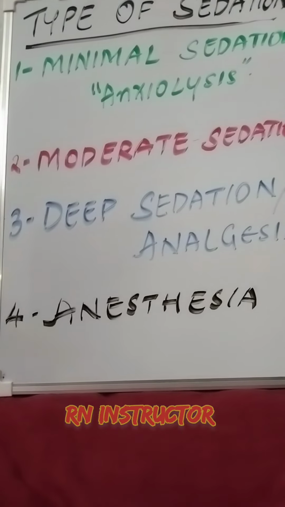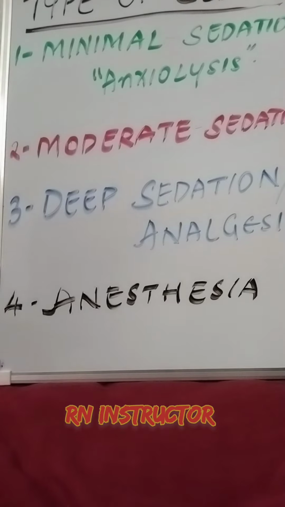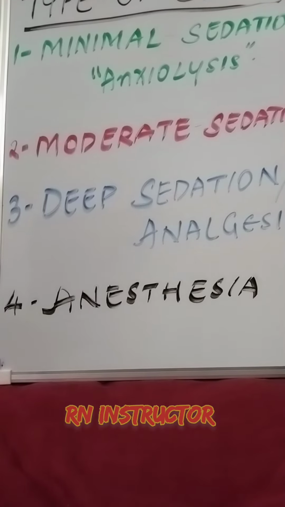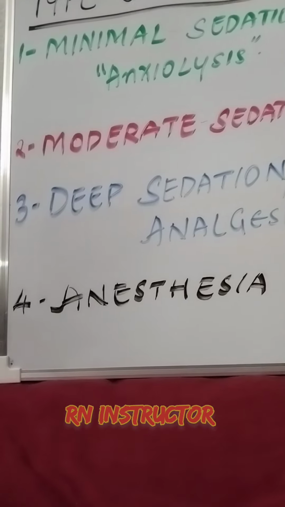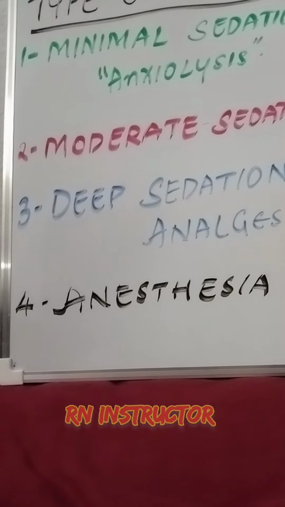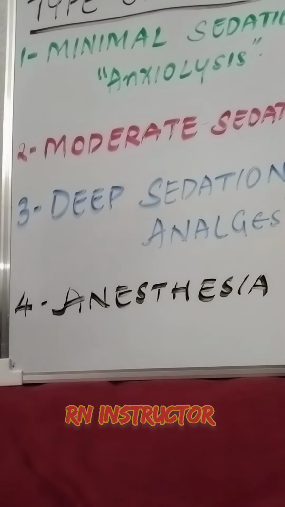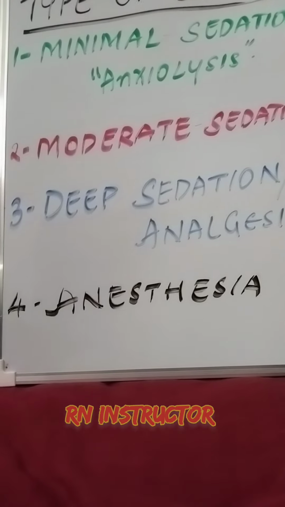During the fourth type of sedation, that is the anesthesia, that may be the general anesthesia or the spinal anesthesia or regional anesthesia, there will be complete loss of consciousness of the patient. Even with repeated painful stimuli the patient will not be arousable.